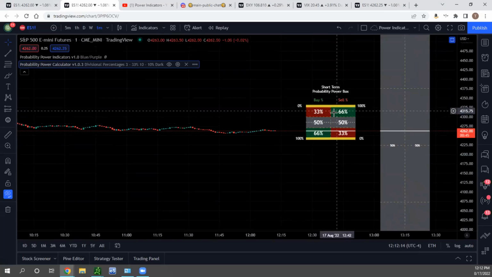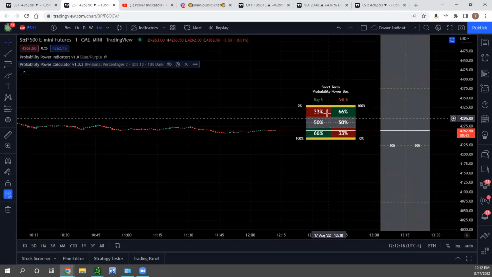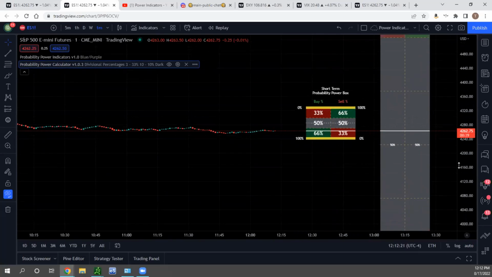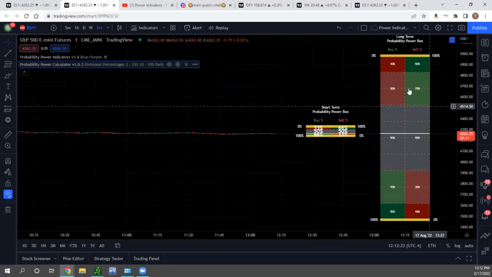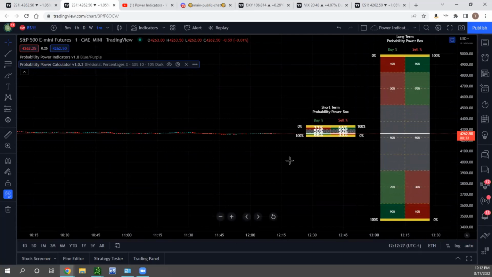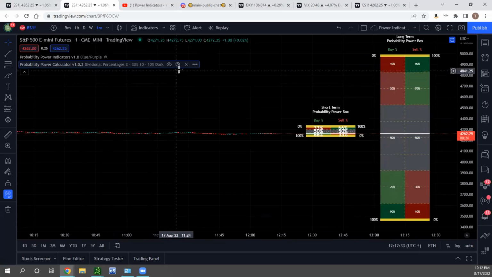You can see these static percentages based on, I have the box divided into thirds, which is a setting as well. You can see the long-term box is divided into tens. And so it's showing the static percentages based on that setting.